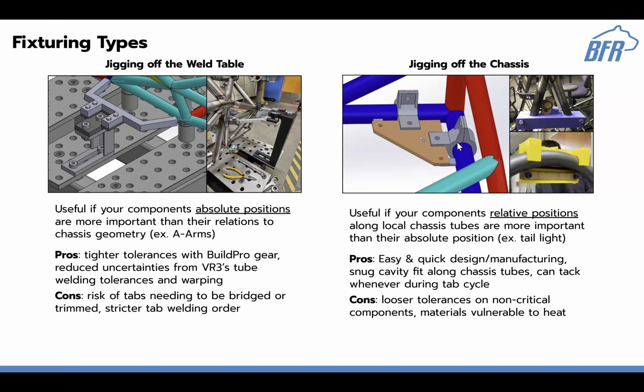So if you use the jigging off the weld table idea, your tab might actually be pretty far off from where you wanted it, and now there's a big gap in your bodywork where it's affecting your airflow, stuff like that. So in those cases where it's more about local accuracy, you can jig directly off the chassis and be pretty confident that you won't have as many gaps.